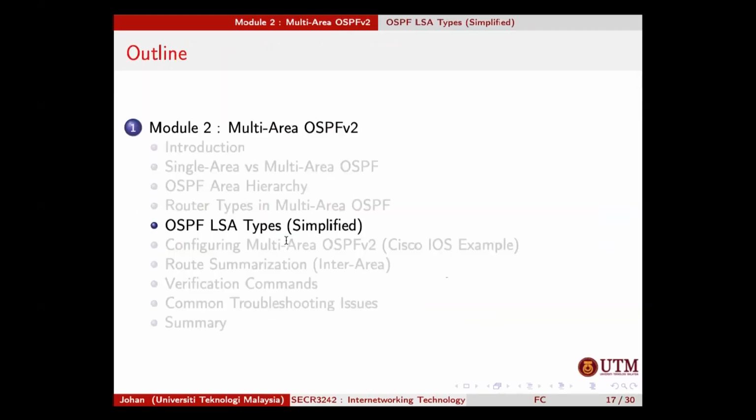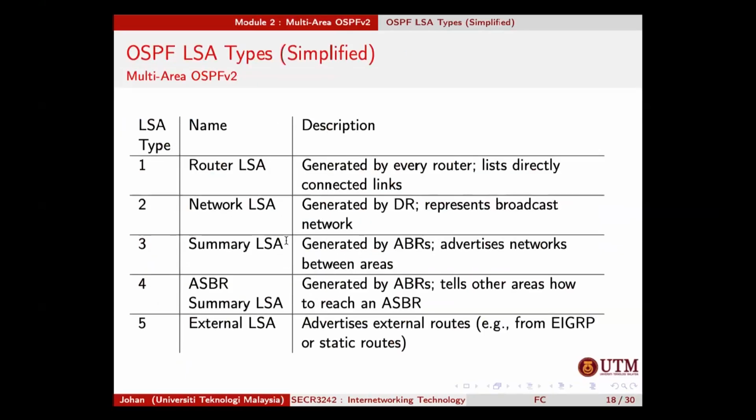So, LSA types. First, we have the router LSA, generated by each router, listing its directly connected links. The network LSA is generated by the DR and represents a broadcast network. The summary LSA is generated by the ABR and advertises networks between areas. The ASBR summary LSA is also generated by the ABR and tells other areas how to reach an ASBR.